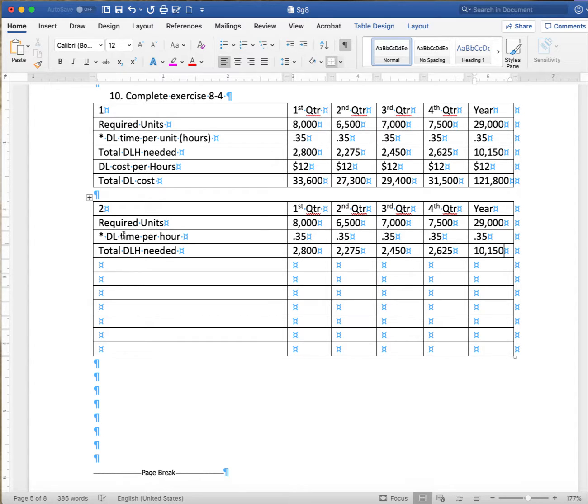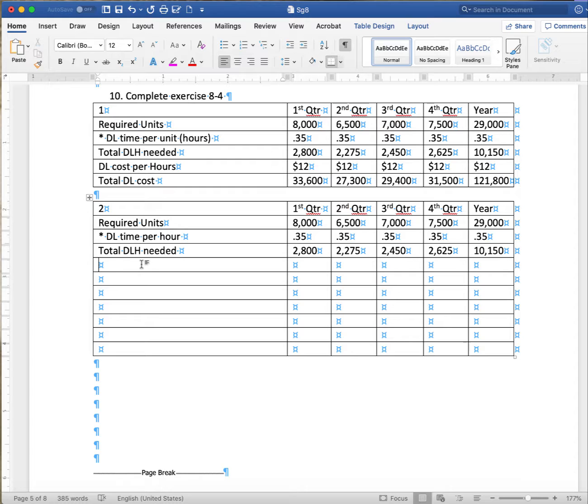These are our requirements. 150 is what we need. Okay. Now, here's where the twist comes in. We need to figure out what are the direct labor hours needed. We already figured that out. But we have this little caveat that says they're going to get paid for 2,600 hours, regardless of what they work.